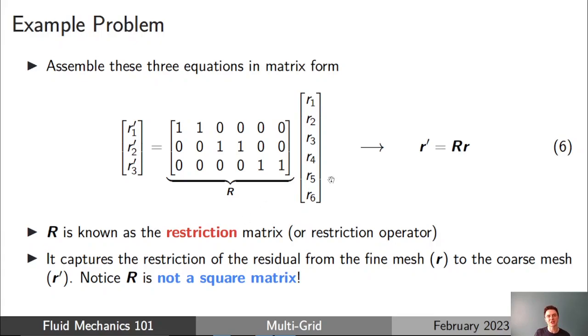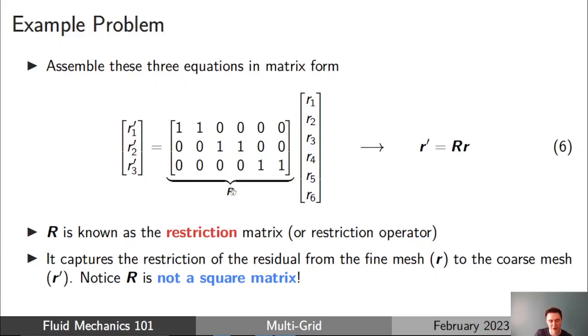And this is really useful for us when we're writing or interpreting a CFD code, because this is just a simple matrix multiplication. If we know what this matrix R is, we just take our current residual vector on our original mesh, multiply it by the matrix R, and straight away we've now got our R' vector for our coarse mesh.